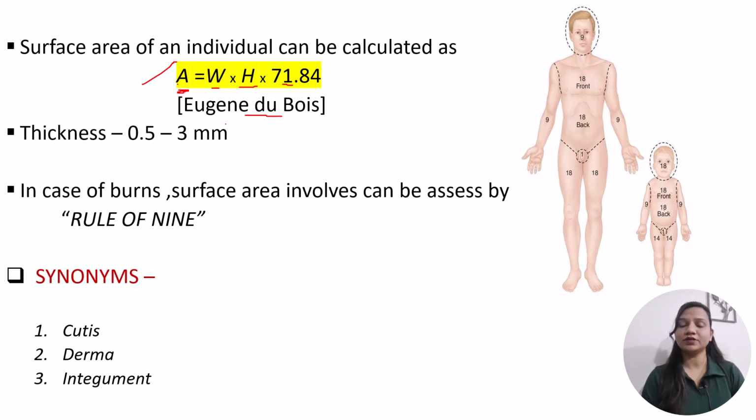If we talk about the thickness of the skin, on an average the thickness of skin is 0.5 to 3 mm, but this thickness varies according to age, gender, and the part of the body involved.